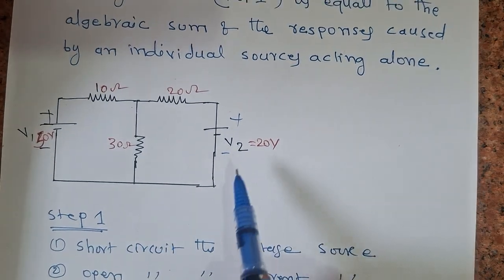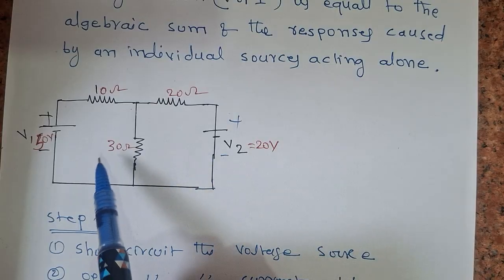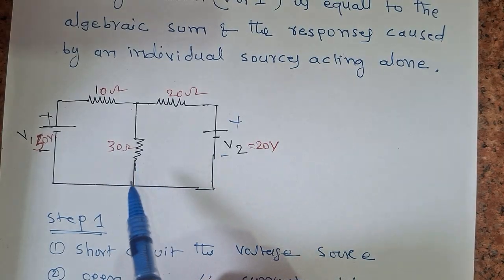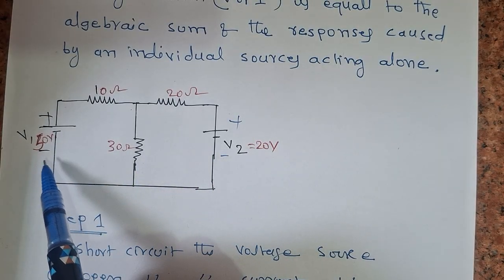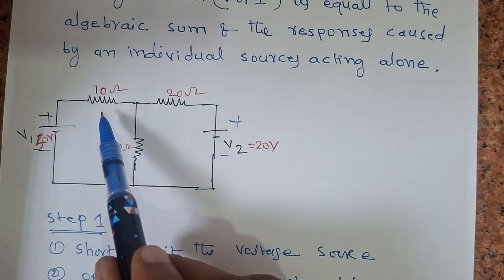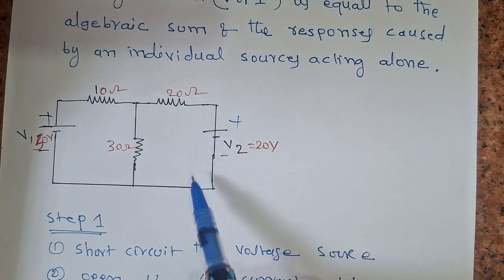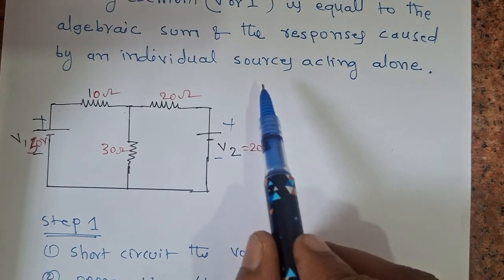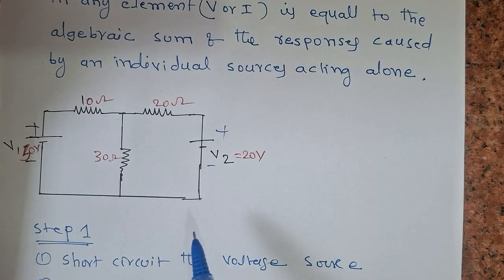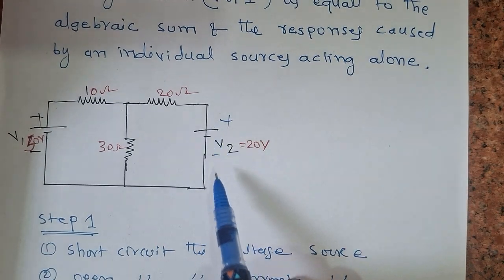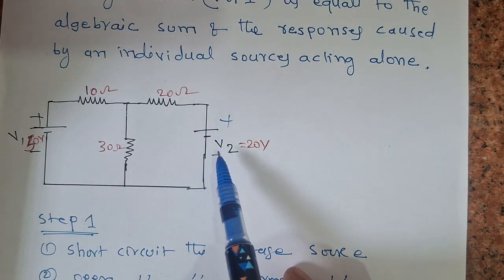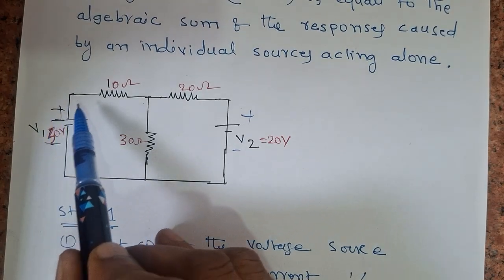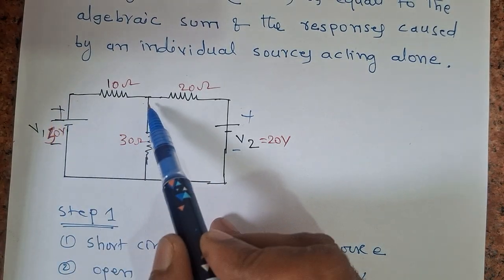It means only one source should act. You have to calculate how much current is coming from this voltage source when the other source does not act. Acting alone means only one source acts, so you cancel the other source and find the current from this source only.